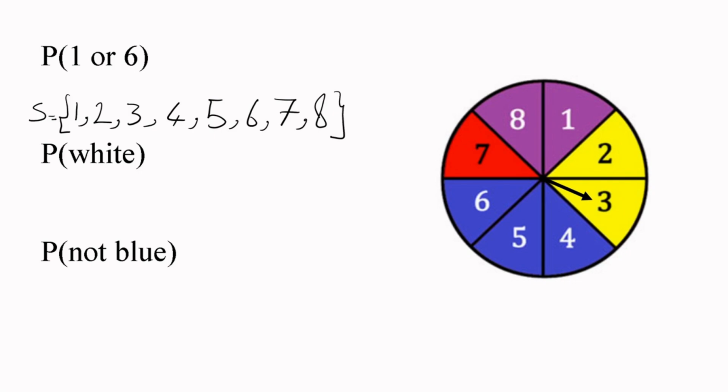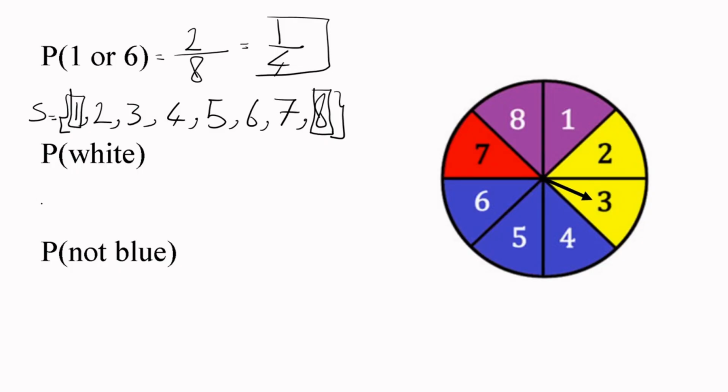How many favorable outcomes do I have? If I get 1 or 8, this is gonna be the desired outcome. So I have 2 favorable outcomes. The number of total possible outcomes is gonna be 8. If I simplify that, it's gonna be 1/4.